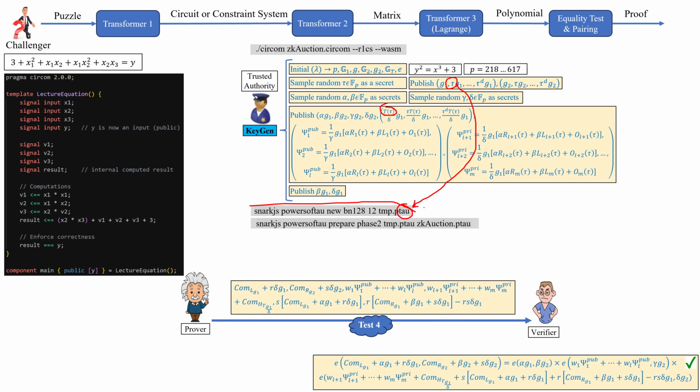So this line of code is for deciding the random tau value, and then the next line. In this line, the trusted authority will remove the tau value, because you remember in the previous discussion we mentioned the trusted authority should not share these secret values with the prover or the verifier, right? So that's the reason the trusted authority will remove this file.